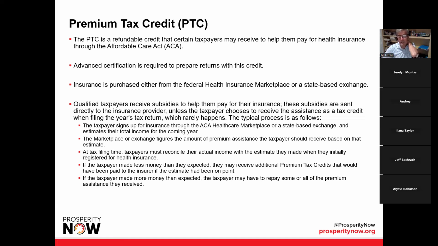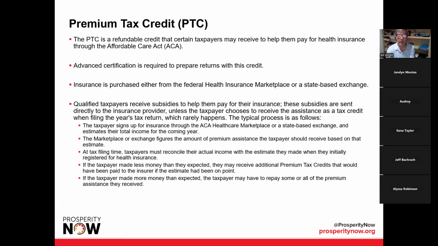And when tax time comes, you will get a 1095-A, which shows what you paid, what the second lowest cost silver plan in our zip code area would cost, and the difference, the premium credit that the government gave you. That's all based on what you tell the marketplace your income is anticipated to be in the next year.